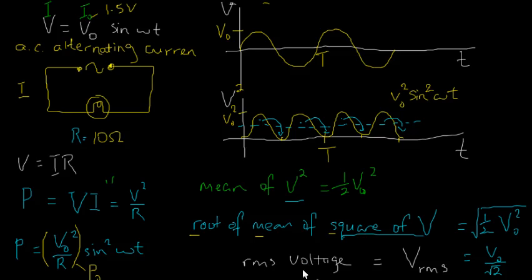So instead of voltage, I can have RMS current, and instead of VRMS, I can imagine an IRMS, which would be equal to, instead of V0 over root 2, I can also have I0 over root 2 for the current.